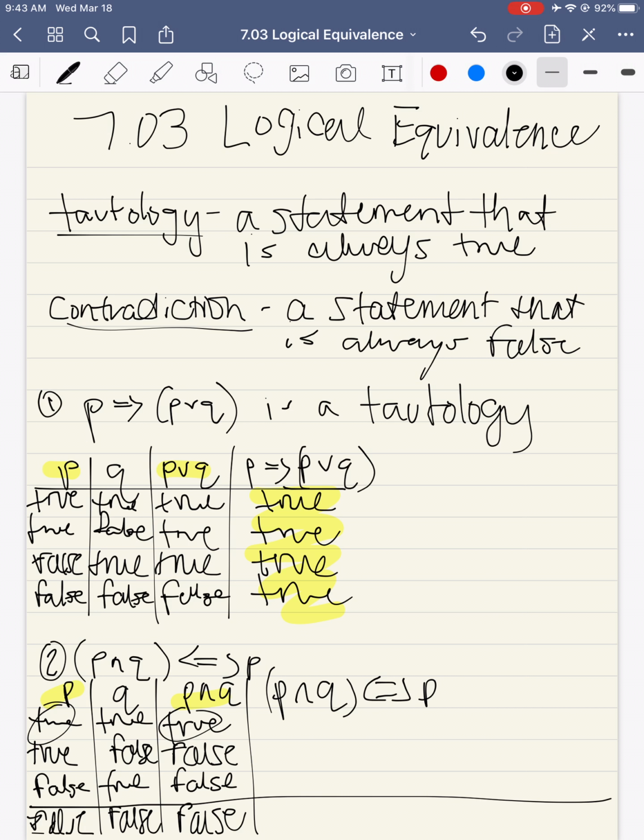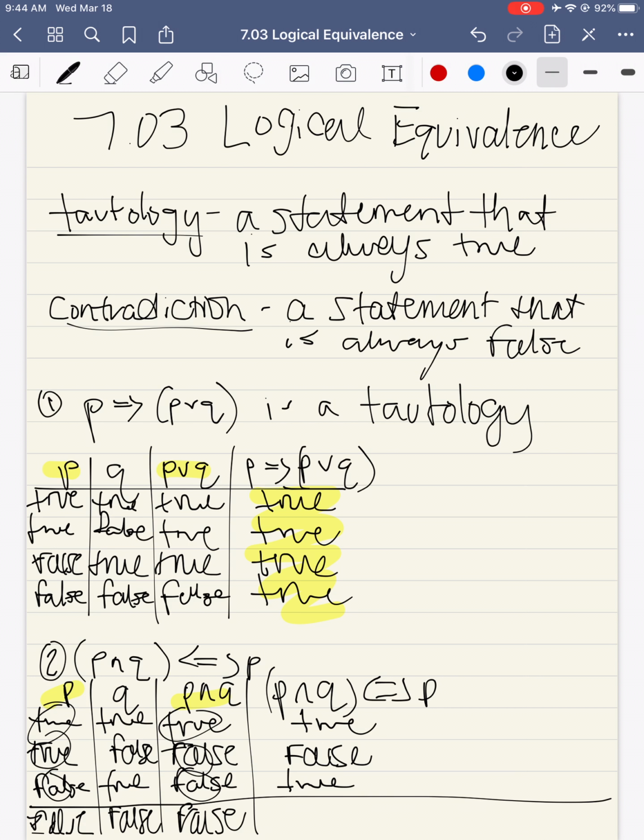So here we have true if and only if true, that is true. And then we have false if and only if true, that is false. So again, the rule for if and only if is they have to have the same truthhood in order to be true. So we have false if and only if false, that is true since they have the same truthhood.